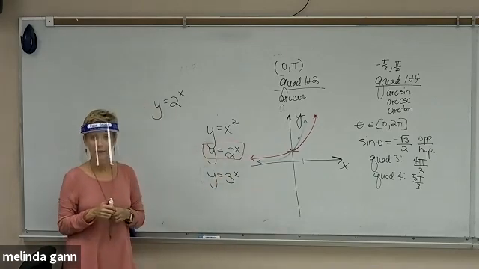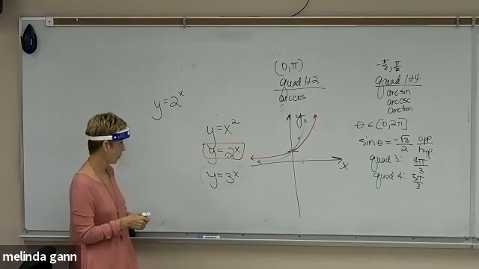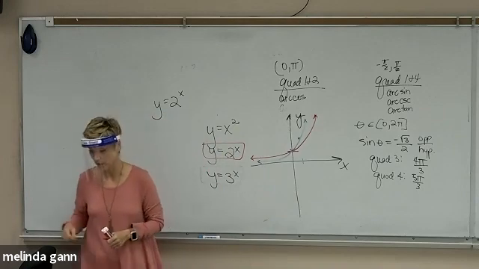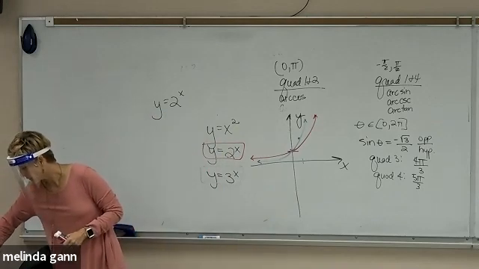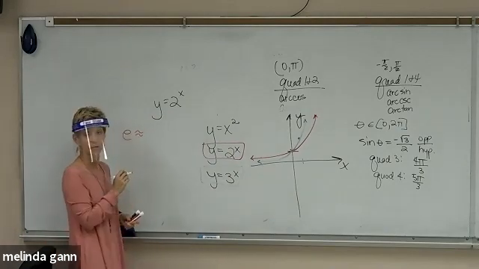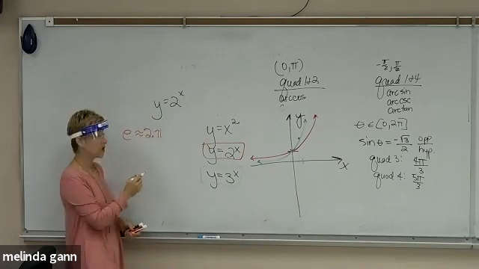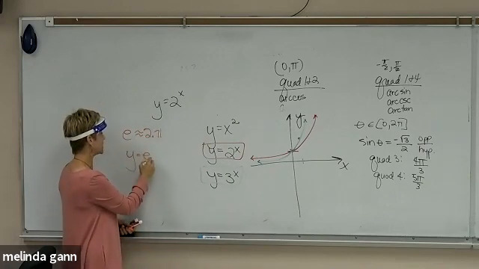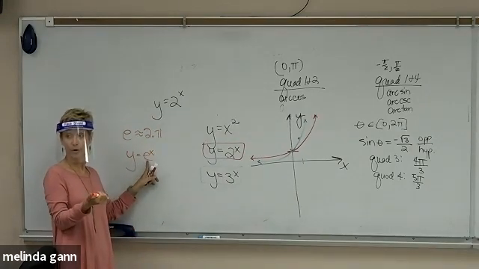You know what pi is, right? What's pi approximately? 3.14. Well, there's another irrational number called e. Do you know what e is approximately equal to? 2.71. So if I told you to graph y equals e to the x, do you understand that e is just a number?